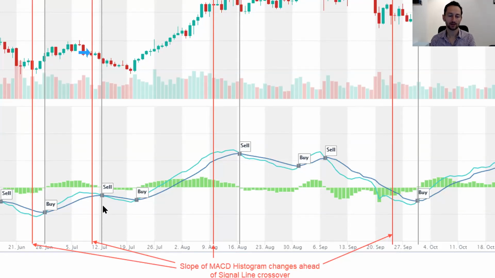Whereas if we waited until the actual signal line crossover, which is the gray line, we would have sold lower, right here. So our exit would have been better. We would have had a more profitable trade if we had used the MACD histogram.